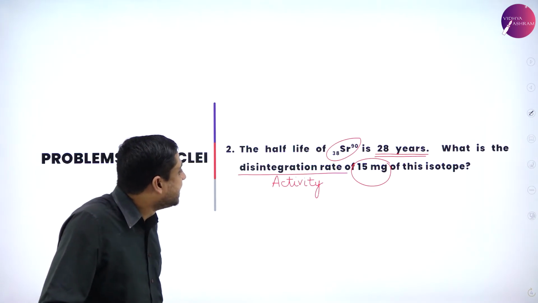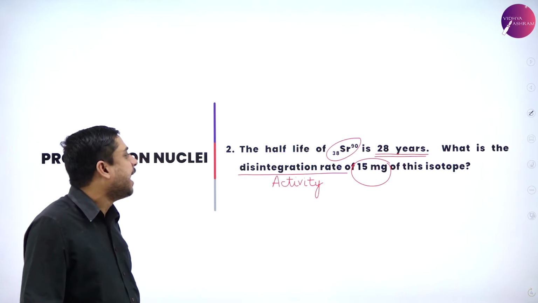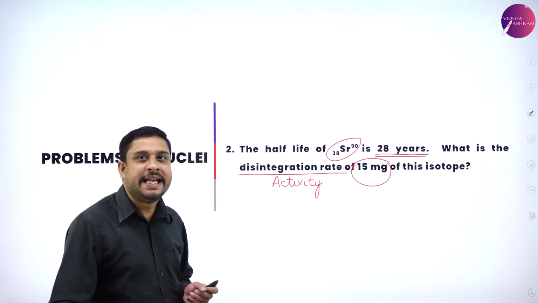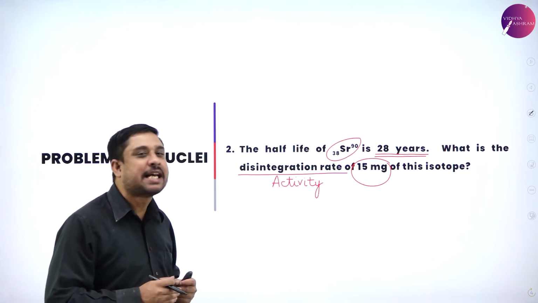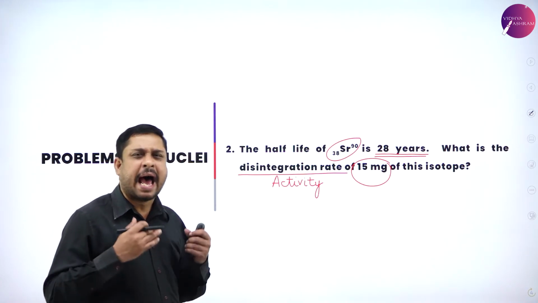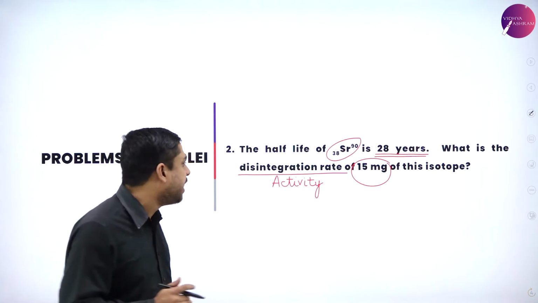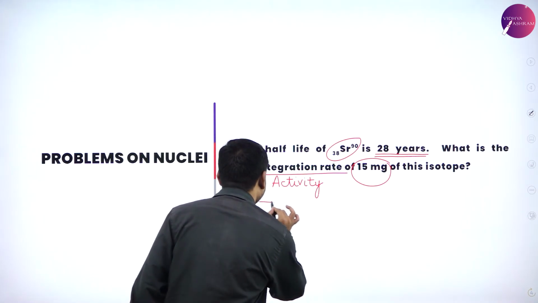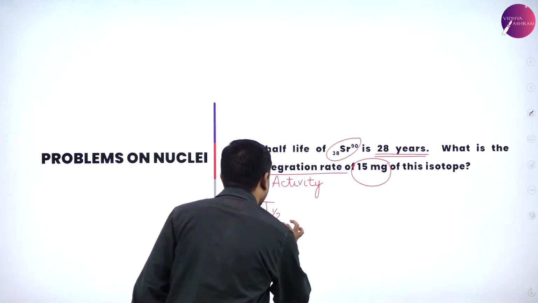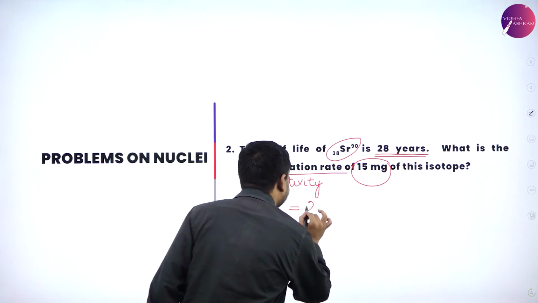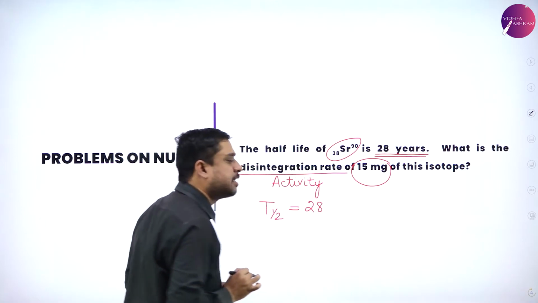What is the disintegration rate of 15 milligrams of this isotope? As usual, first convert half-life into seconds. So T half is 28 years.